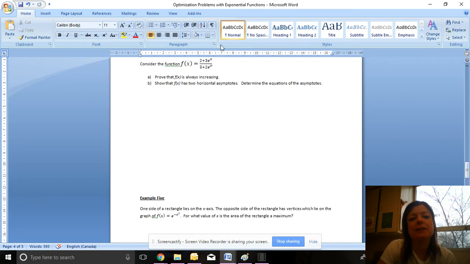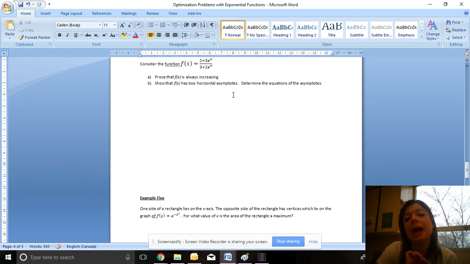So let's take a look at this function. We don't really have any idea what this looks like. I will show you in GeoGebra when we're done. But it is a quotient of two exponential functions, specifically with e to the x as the exponential part. So prove that f of x is always increasing.